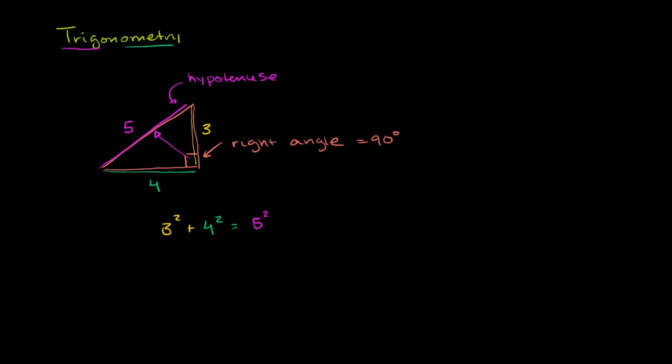So the core functions of trigonometry, we're going to learn a little bit more about what these functions mean. There is the sine function, the cosine function, and the tangent function. And you write sine, cos, and tan for short.